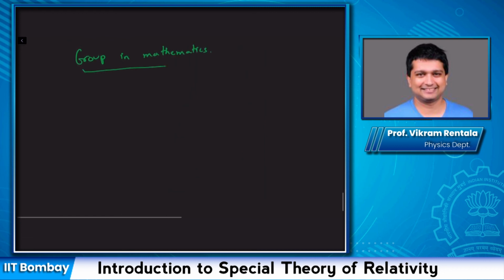So a group in mathematics consists of a set of elements which we'll denote as lambda 1, ..., lambda n. It could be a finite or an infinite set, and this set of elements has a group operation on it.